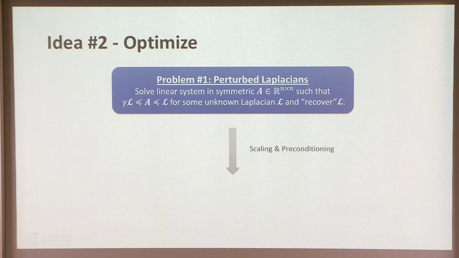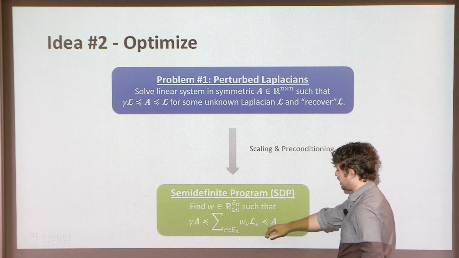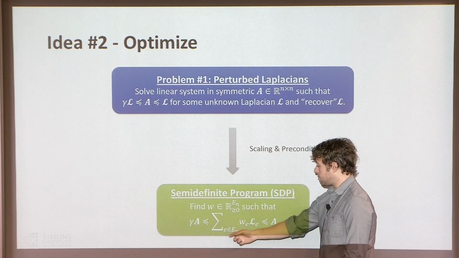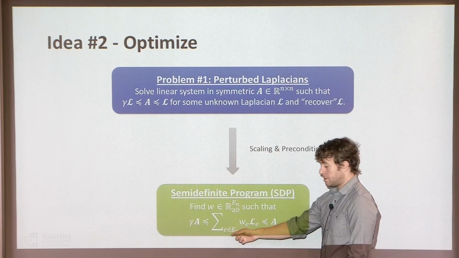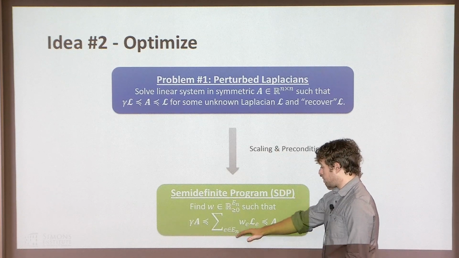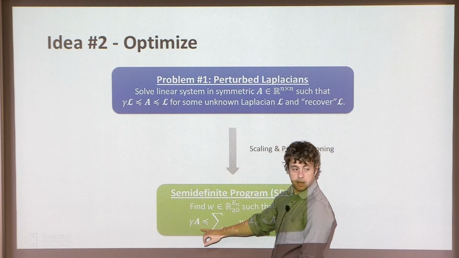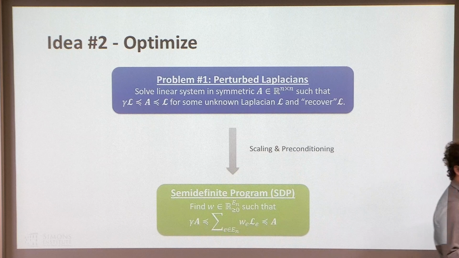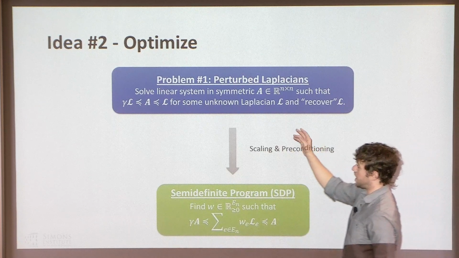If I just scale things a little and shift it, this problem is the same as saying I want to find some weights on every edge of the complete graph such that when I look at that weighted complete graph, what I get is a spectral approximation to A. The recovery problem just is this, after scaling to put gamma on the other side.